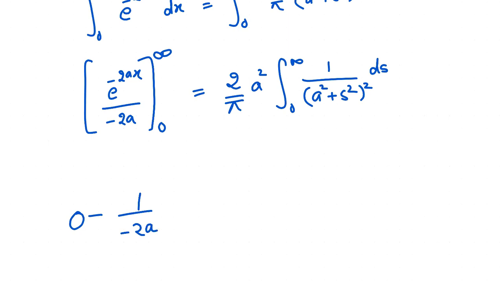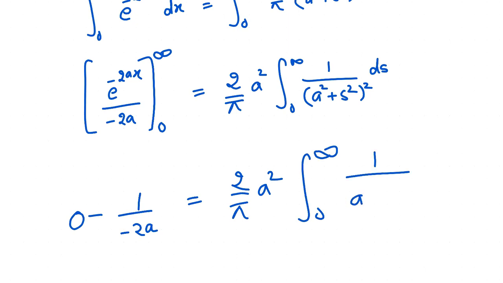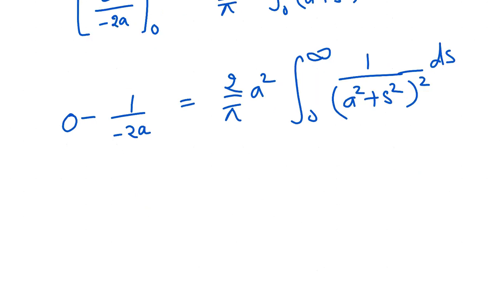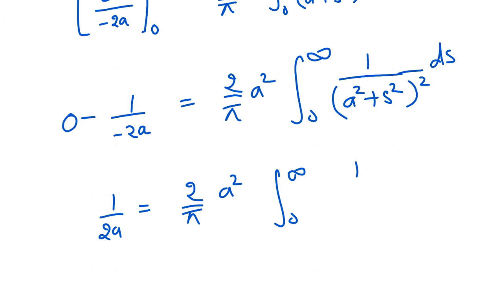And we have 2 by pi a square, 0 to infinity limit, and 1 upon a square plus s square whole square ds.